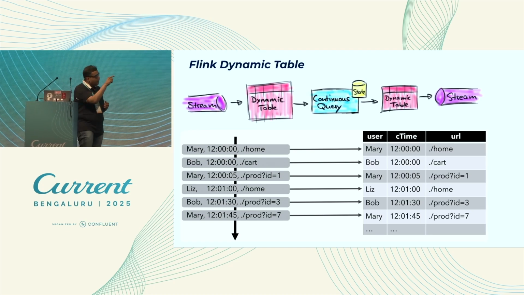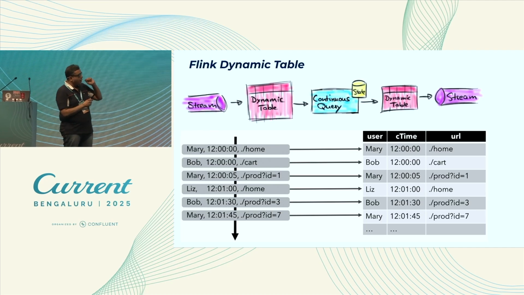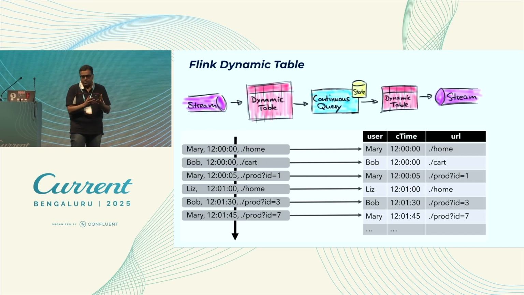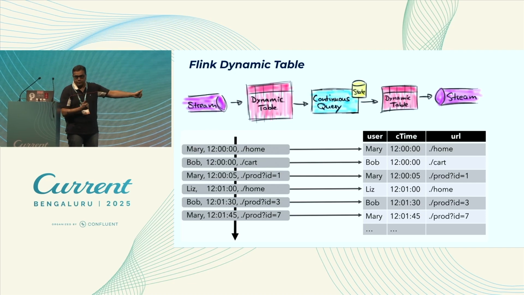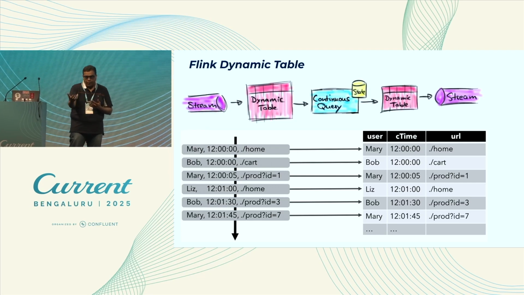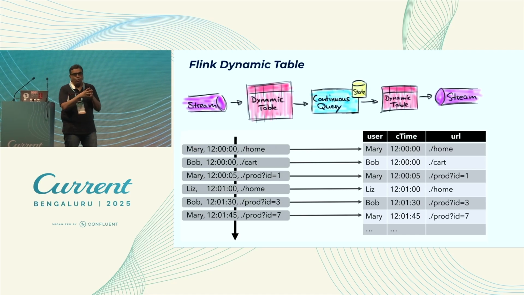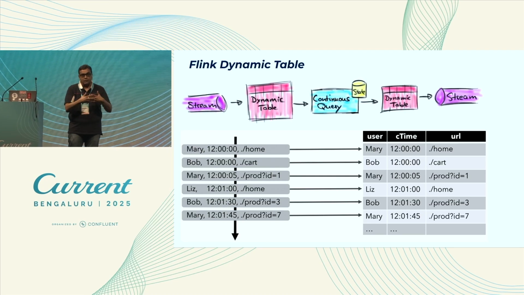But then when I apply a query, whether through Flink SQL or using PyFlink, the query works on the dynamic table, keeps state for aggregations, joins, stateful operations, if I might say so, and then it emits another dynamic table as the result, which is the result of your select query or the result of your PyFlink operation. And then that dynamic table could also act as a Kafka topic, which is why we call this a stream table duality.